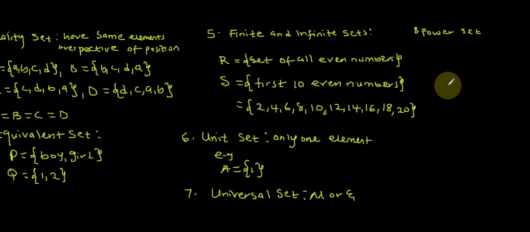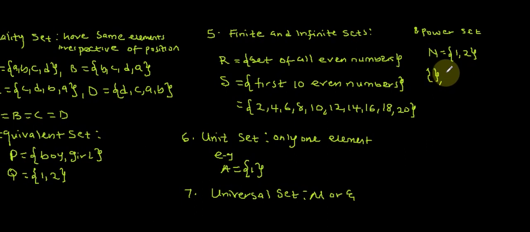Now let's look at an example. We have set N to be 1 and 2. If you are asked to find the power set of this set, you first start with the null set, which is the empty set. So we have something like this. This is the first one, because every set must first be empty before you fill in something.